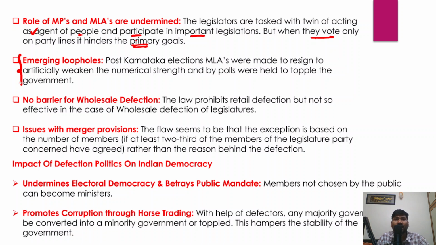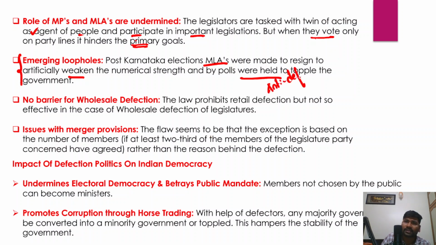So what are the different loopholes that have emerged here? After the Karnataka elections, MLAs were made to resign artificially to weaken the numerical strength, and bypolls were held to topple the government, right? So there are new loopholes even despite having the anti-defection law.